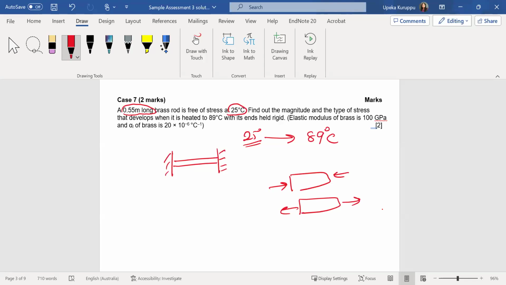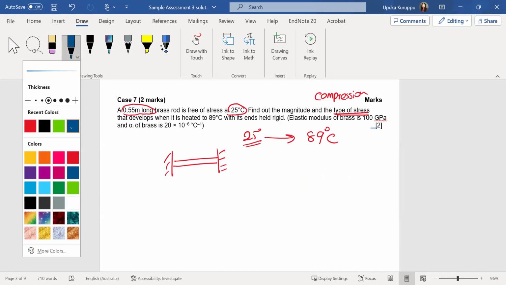So the type of stress will be compression. Does that make sense? If we reduce the temperature below 25, what happens? The material wants to shrink, but the supports are pulling. So it's tension. Okay, now the next part.